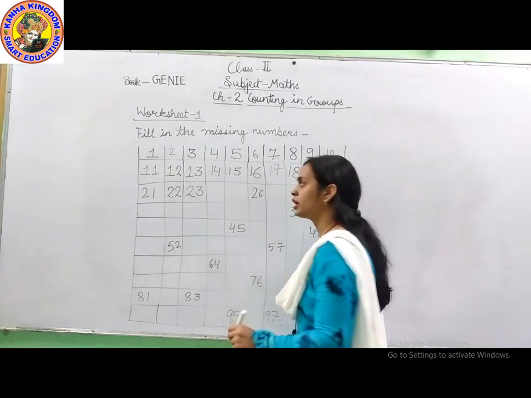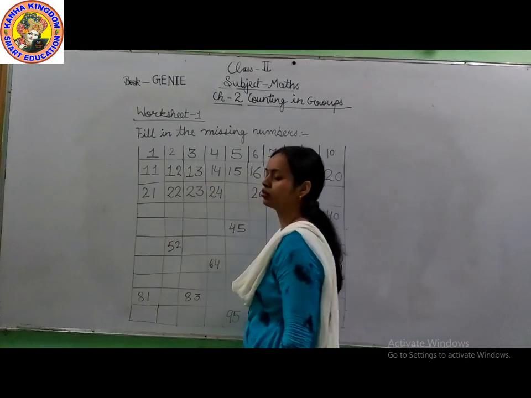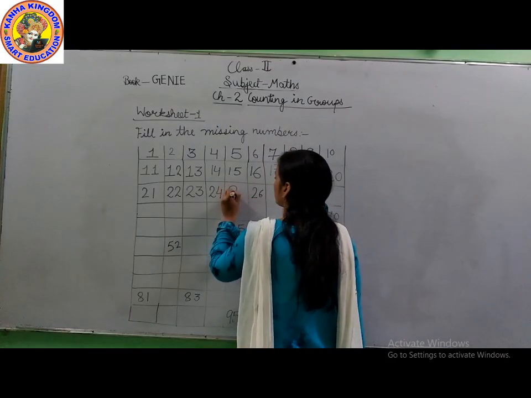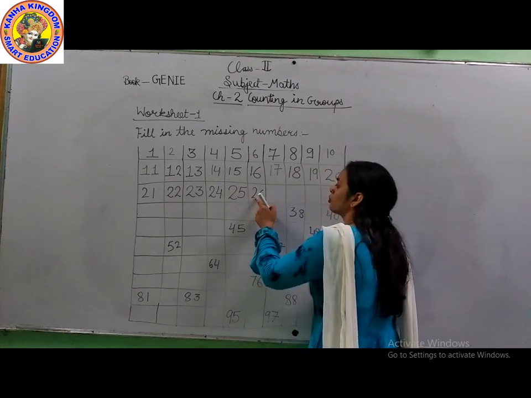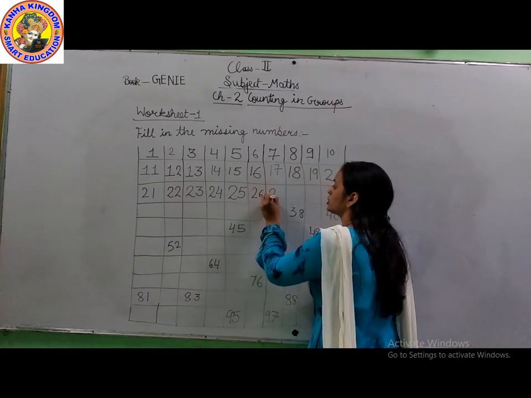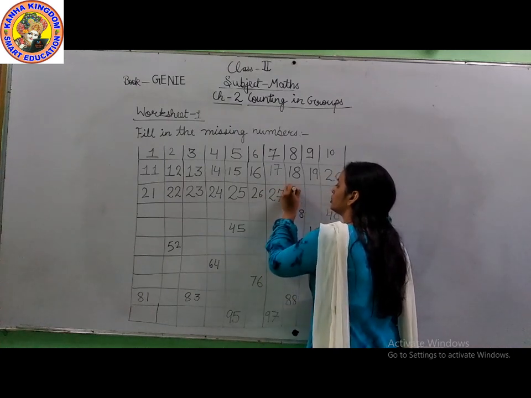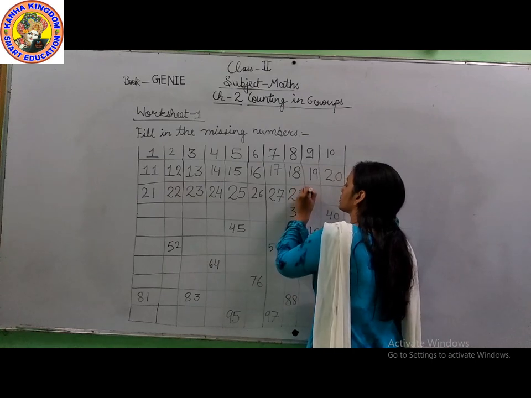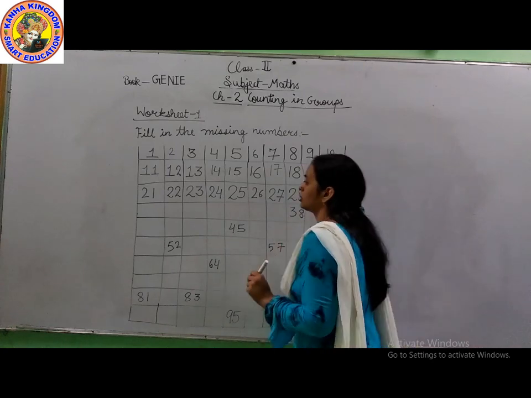What comes after 23? 24. Now, what comes after 24? 25. 26 after number is 27. Then 28. Next, this number is 29 and then 30.